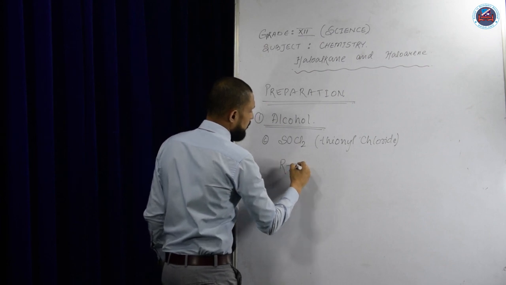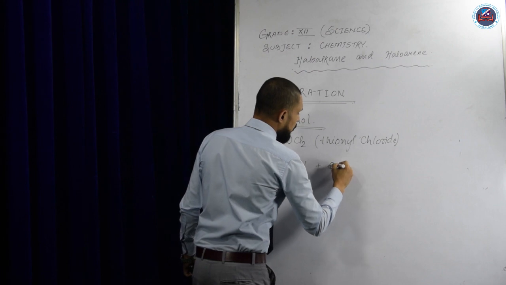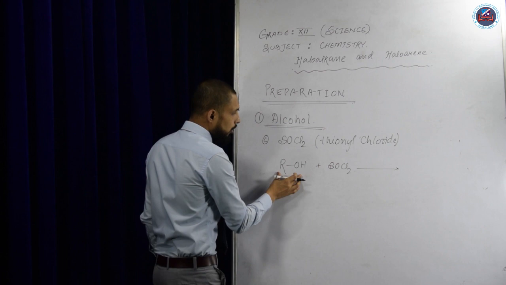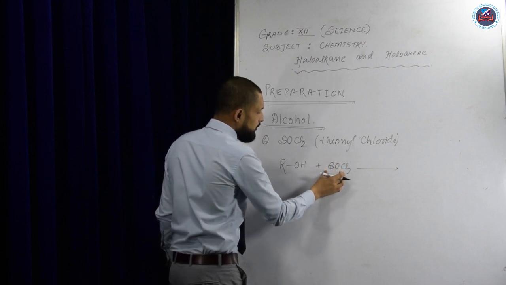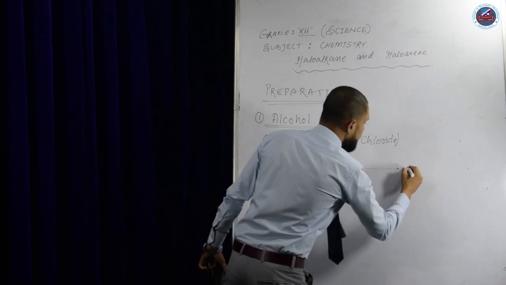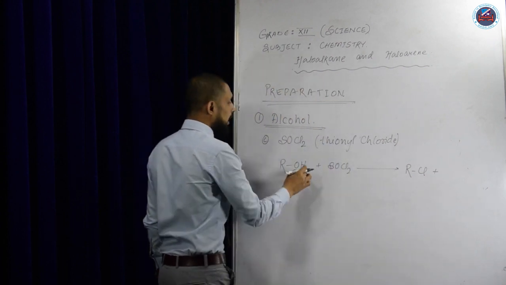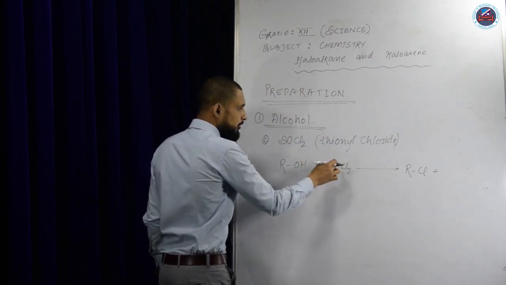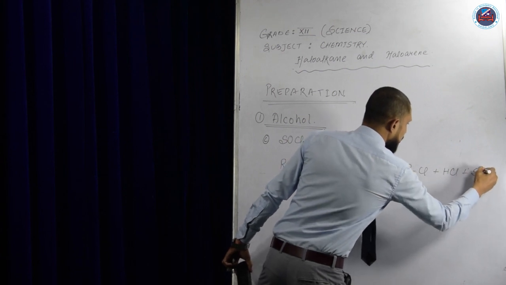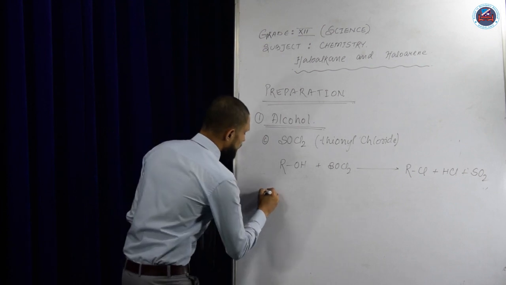Let us take this alcohol in general, that is ROH plus SOCl2, thionyl chloride. Now when alcohol reacts with thionyl chloride, OH will be replaced by Cl. So you will get RCl plus you will get halogen acid, that is HCl, and you will get sulfur dioxide.